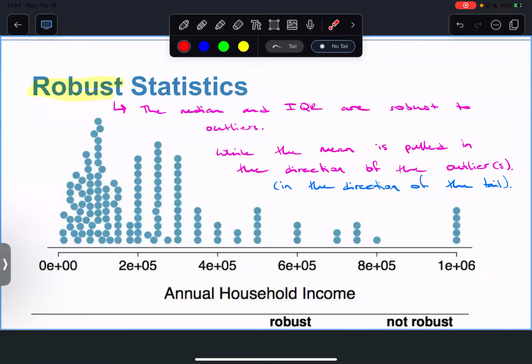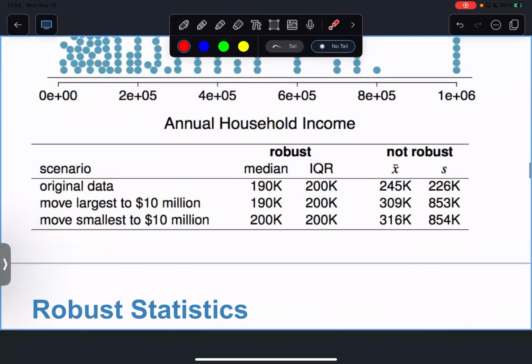With this skew in the positive direction, or the right skew. So if we look at the original data, first off, the median is 190 and the mean is 245. So that checks out, right? The mean is higher than the median in this case, which is what I was expecting from looking at that distribution, right?